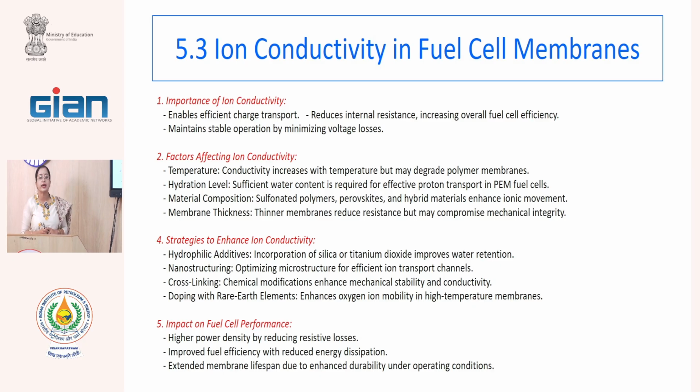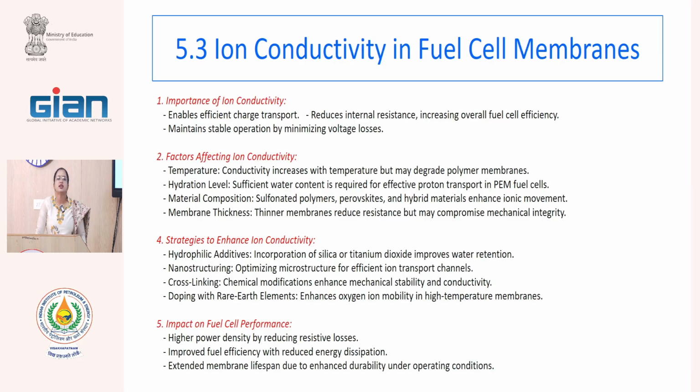Ionic conductivity is probably the single most important thing in a fuel cell. If ionic conductivity is low, everything else is not useful. The factors that affect ionic conductivity include temperature. Higher temperature generally gives better ionic conductivity, provided there is no loss or collapsing of your ionic channel.